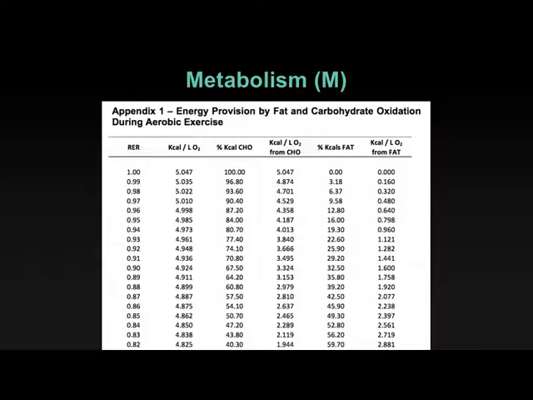And the amount of energy per liter of O2 varies slightly, because you get slightly more energy per liter of O2 with carbohydrate than you do with fat. It's roughly 5 kilocalories per liter of O2. So if you can measure the amount of O2 consumed, pretty easy to calculate the number of calories expended.